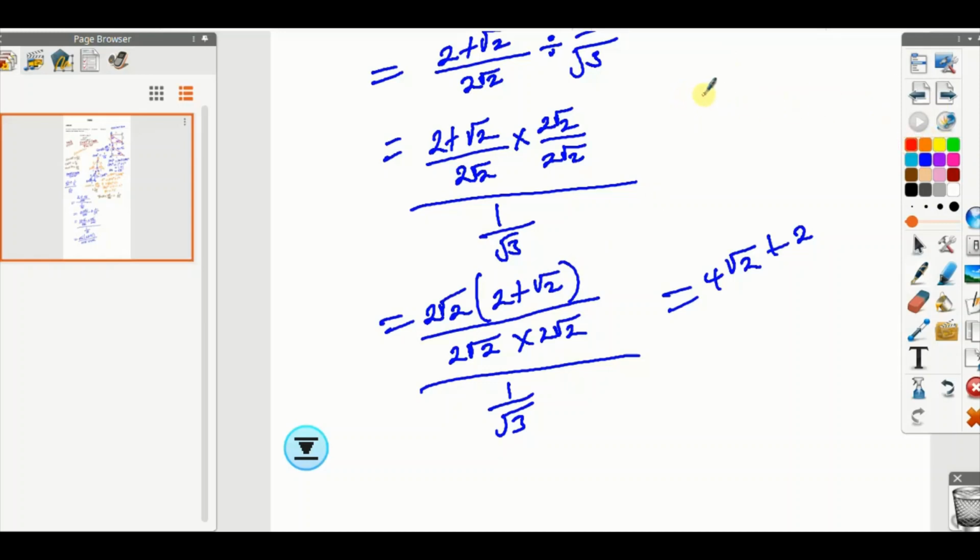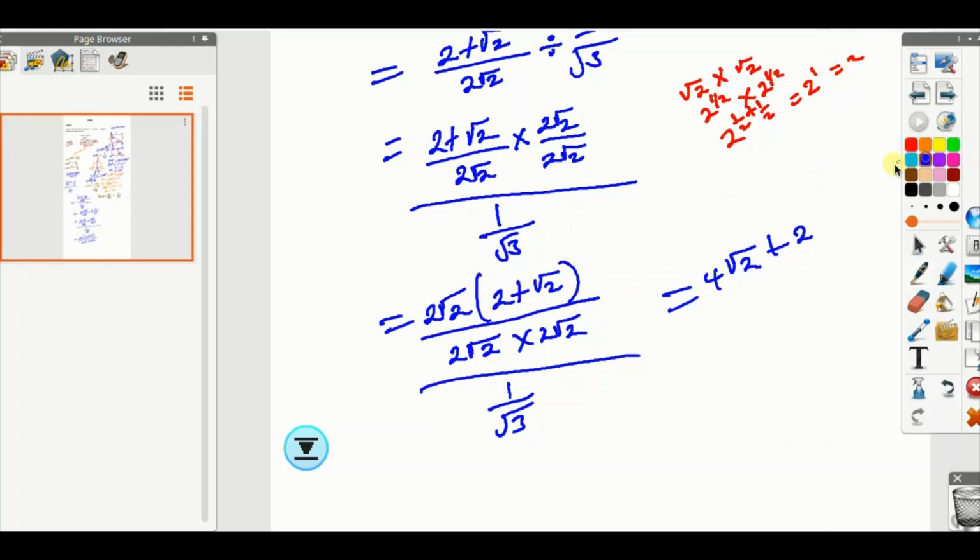If we have root 2 times root 2, this is the same thing as 2 raised to power half times 2 raised to power half. You know the law of indices: you add their powers, 1 over 2 plus 1 over 2, which is 1, which is 2 raised to power 1, the same thing as 2. So that is it.